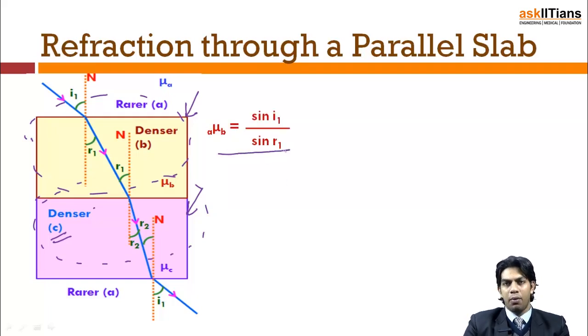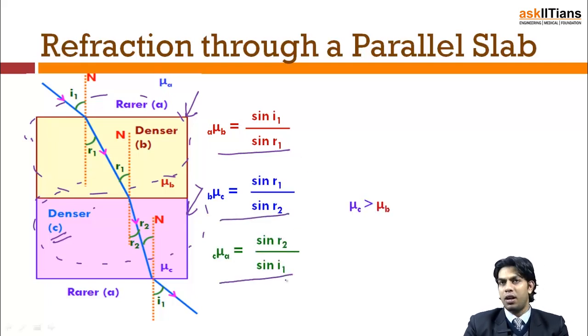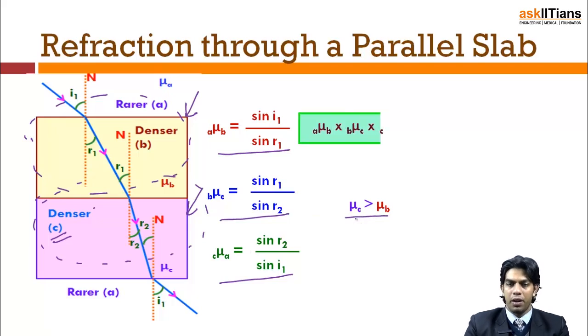A mu B is sin I1 by sin R1, then B mu C is sin R1 by sin R2, then C mu A is equal to sin R2 by sin I1. So as you can see, we need to put up an extra equation because of the 3 media in this particular situation. So mu C is greater than mu B, that's what we have arrived at over here.